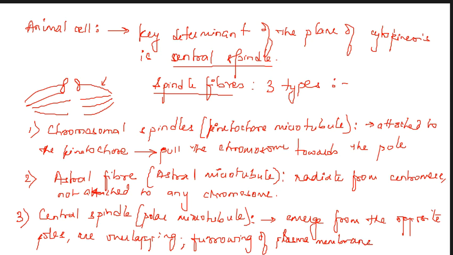Now, if I draw the three types of spindle, how will it look like. This is the chromosome and toward the centromere is the kinetochore. I'm drawing two centromeres and the kinetochores which are near the centromere. Towards the two ends are the astral fibers.